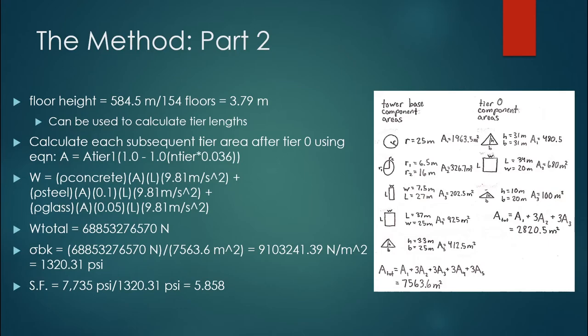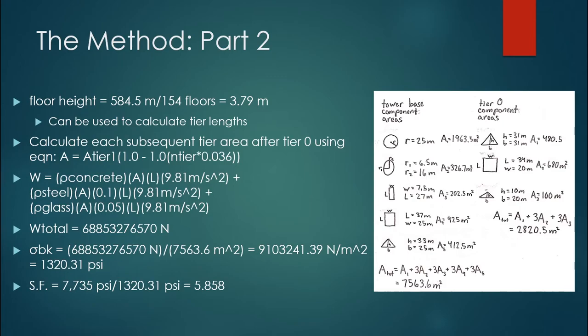Then after that, the calculations for the areas of the broken down base and tier 0 components are summed up to get 7,563.6 meters squared for the base and 2,820.5 meters squared for tier 0, which will be multiplied by the percentage 3.6 and reduced by that with each subsequent tier.